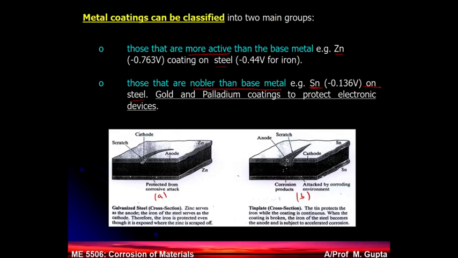And assume that the interaction of the zinc and tin with the environment is similar, meaning the same level of resistance. So what do you say? Will both of them corrode in a similar fashion or in a different fashion?